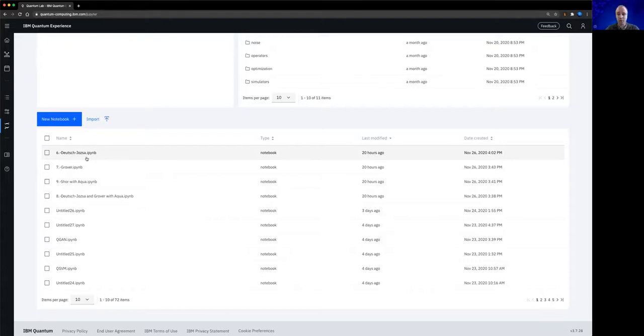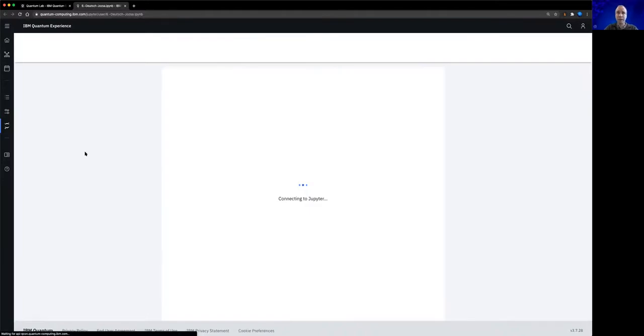So please, if you want to test it now, go to the Indico page, download the notebook and upload it to either the IBM Quantum Experience or to your local installation of Qiskit. Let me show you what I have done here.